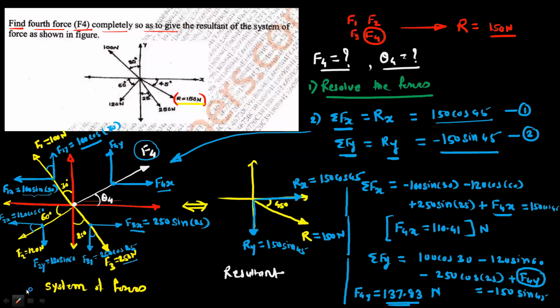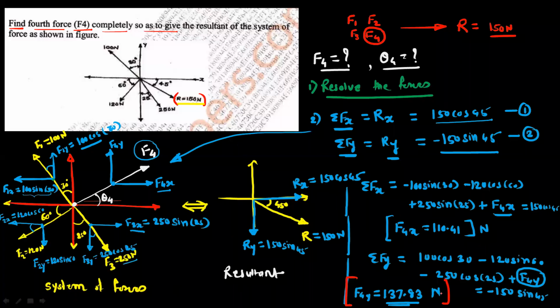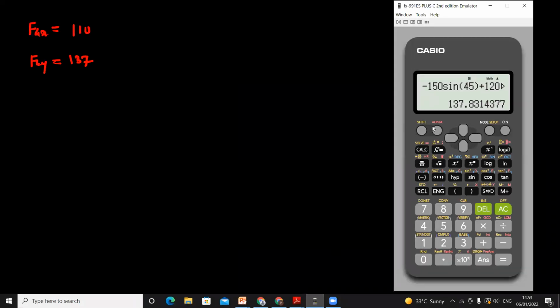Okay, so now we have got two components for force F4. This is F4y and this is F4x. So finally, we can find out the net value of F4. I think both the components are positive. So F4x is 110.41, and F4y is 137.83.